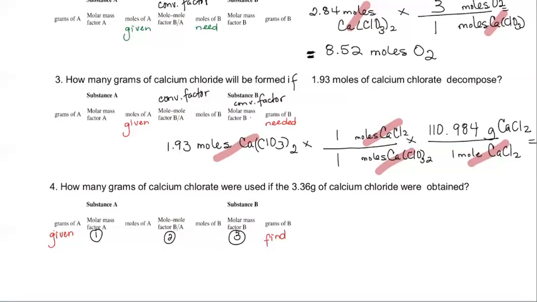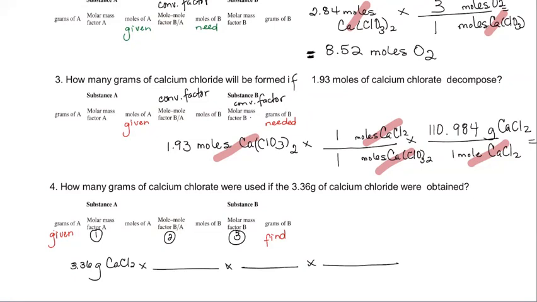Okay, let's go over the answer. So for this one, we're going to write what is given to us, which is 3.36 grams of calcium chloride, CaCl2. Then we have 3 conversion factors. So we have 3 fractions.